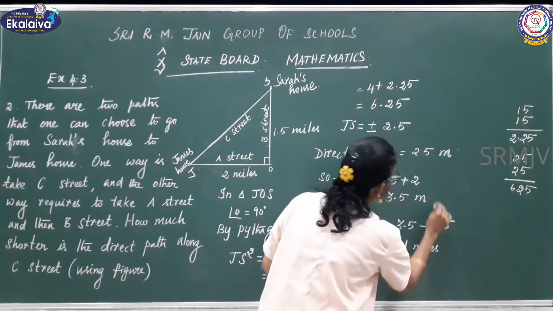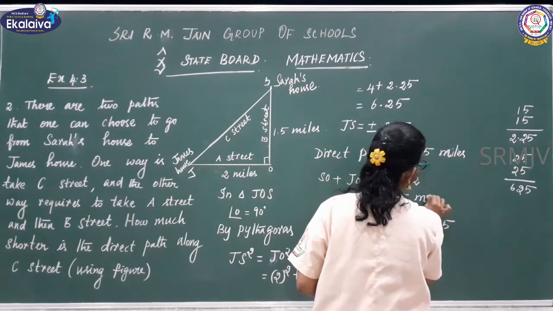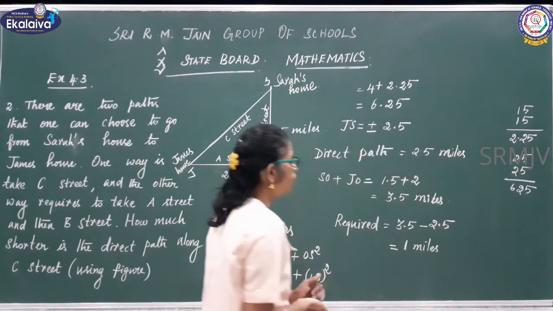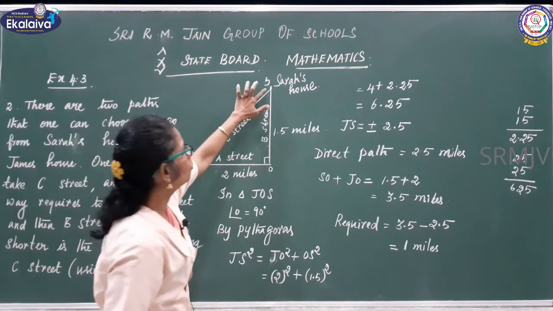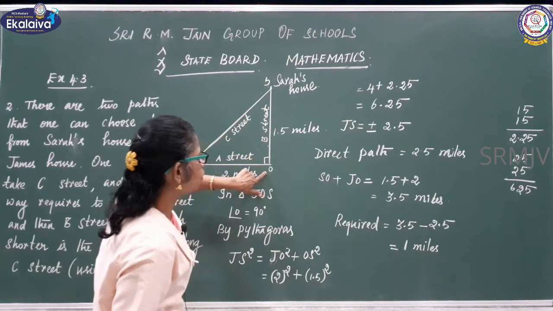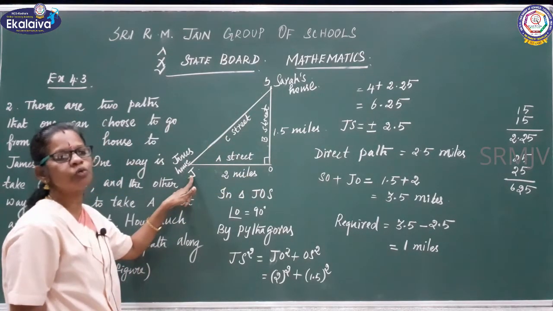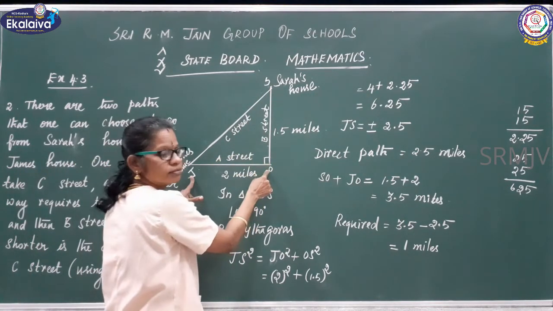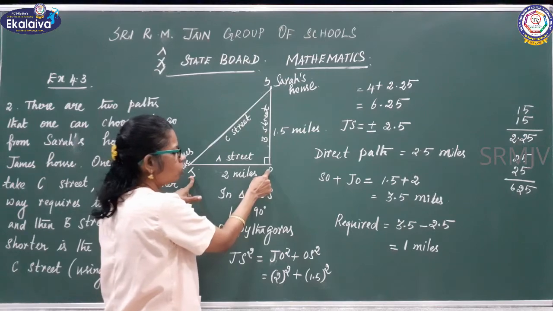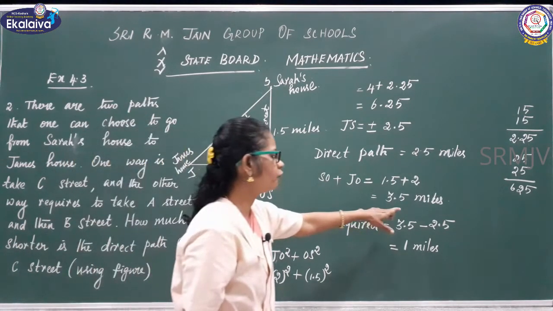This is also in miles. Got it, children? The direct path is 2.5. When you move from Shark House to this point, 1.5, then this point to James House, 2 miles, right? Shark House, move towards O and O to J, you get the other way, 3.5 miles.